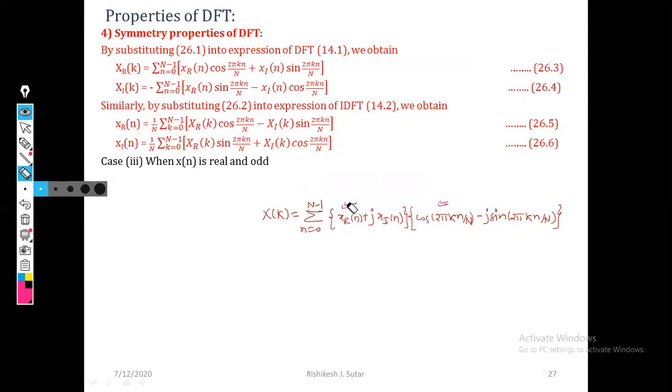So for x of n to be real and odd, what we know is x of n is equal to minus x of capital N minus n.